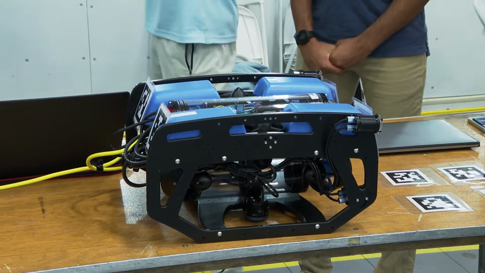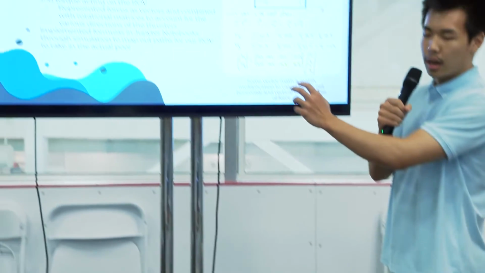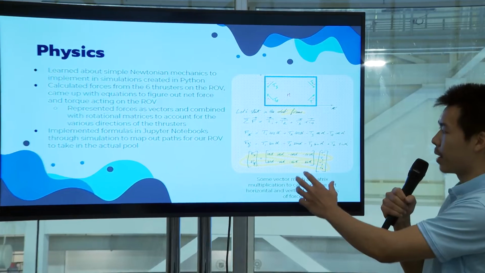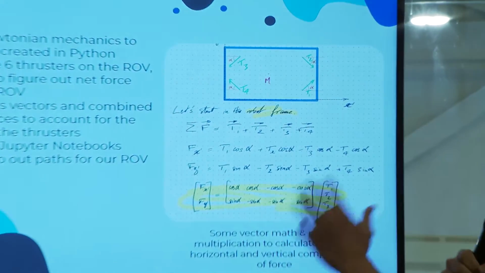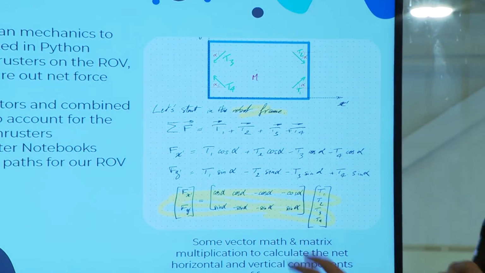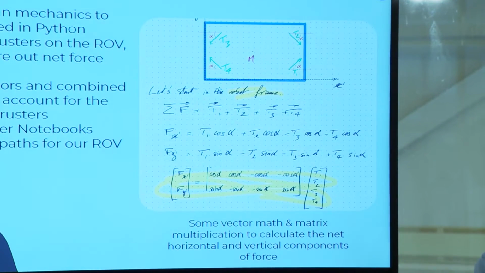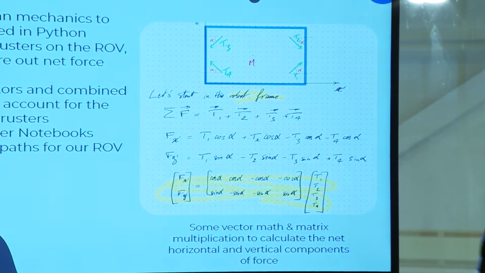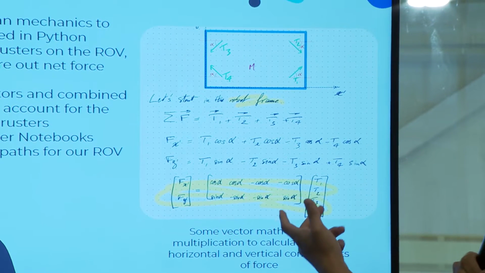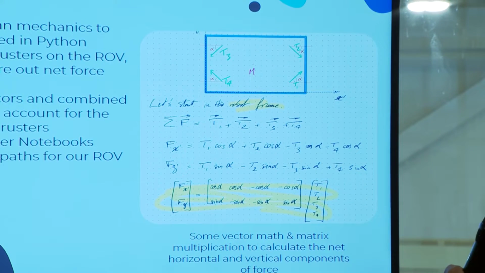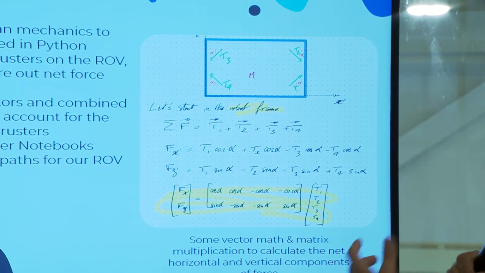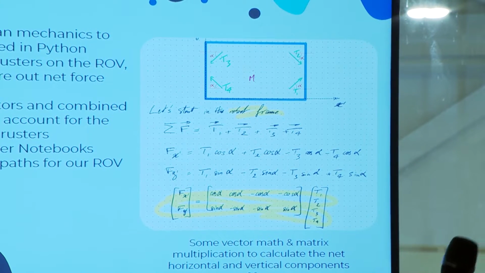For the physics right here, we multiplied the forces generated by the X components and the forces generated by the Y components with the rotational matrix. With that, we're able to find the net force generated by the ROV. So yeah, here's a calculation. And we were also able to use NumPy arrays to do the calculation in Python as well.